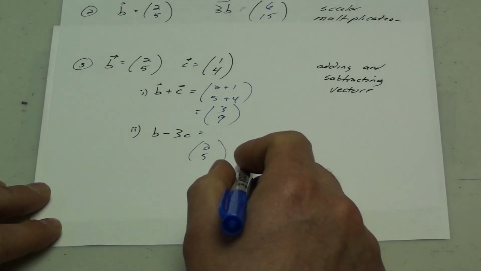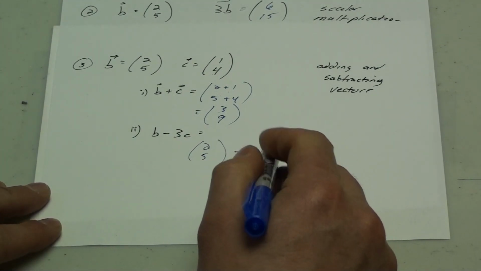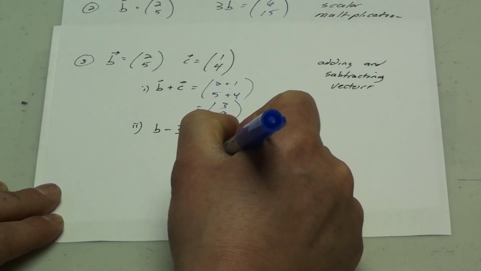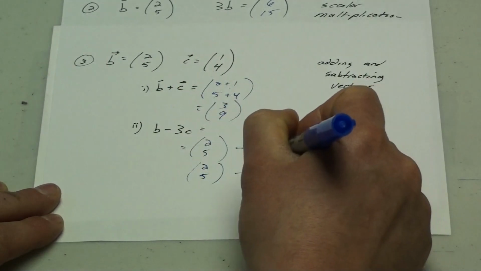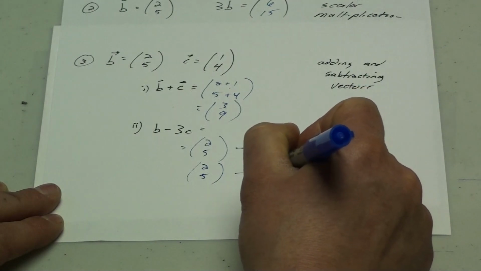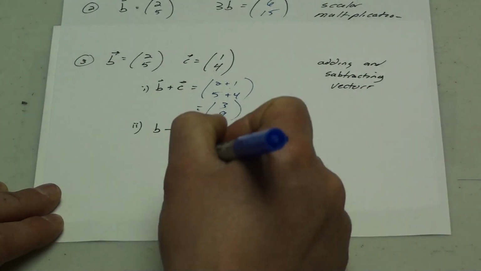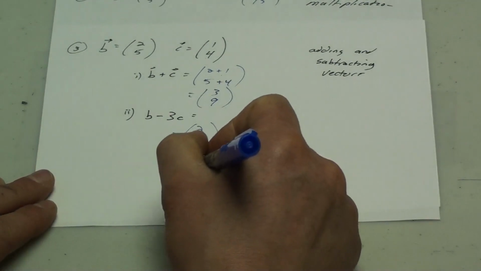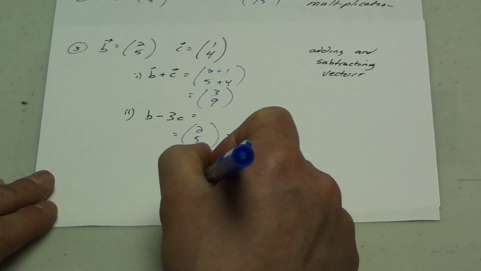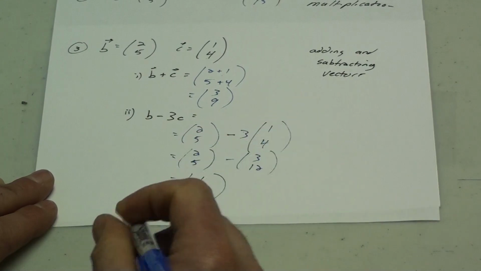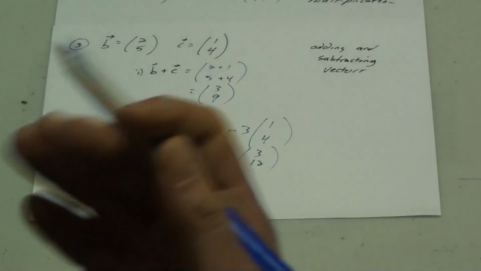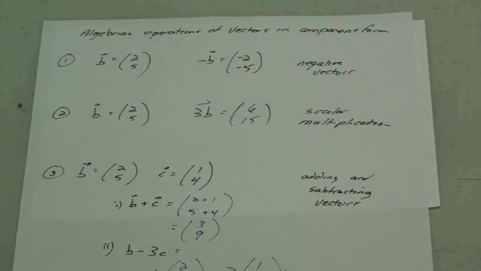Now I can multiply this negative 3 in, okay, to vector C. So I'm going to have 2, 5, subtract 3, 12. And I can figure out the resultant by subtracting my x components and my y components. Negative 1, negative 7. So went back 1, down 7. Okay, the final resultant vector between the two of them.